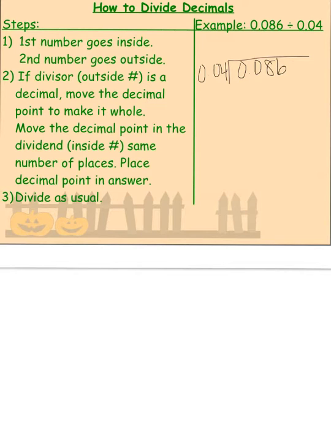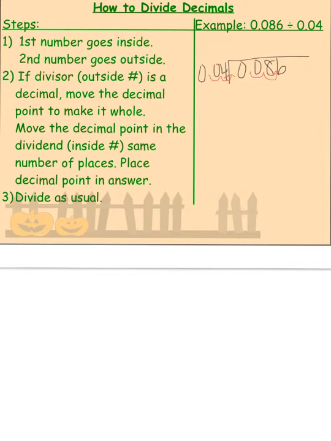So that's step 1. Step 2 says if our divisor, our outside number, is a decimal, which, if we look, this number is a decimal, that means we have to move the decimal point to the end of the number. So I'm going to go 1, 2. Because we did it on that, I have to do the same thing with the inside number.